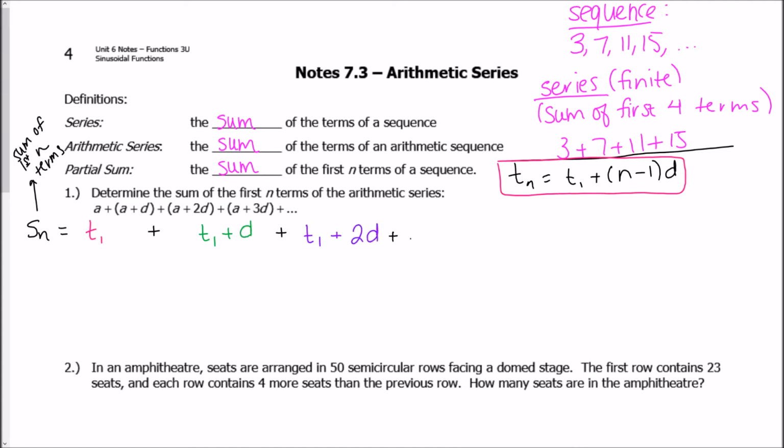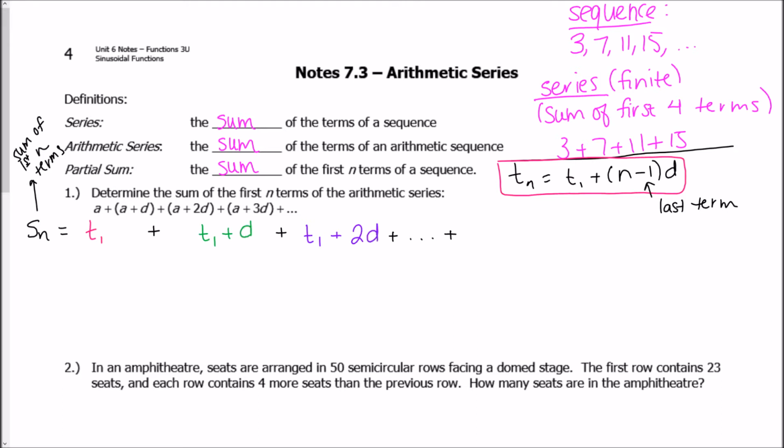I'm going to do this a bunch of times, and then eventually I'm going to get to a point where I'm going to have my last term. And remember, this right here is going to tell me the formula for my last term. So I want to pick up after the dot, dot, dot, on the third to last term. If this is the last term, then 2 terms before that would be n minus 3.